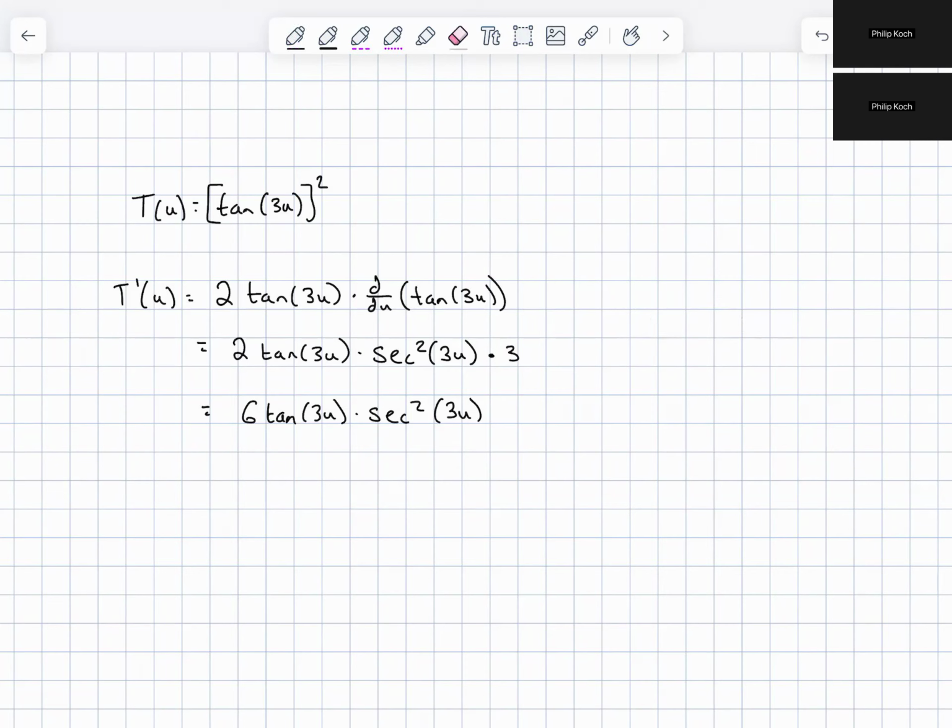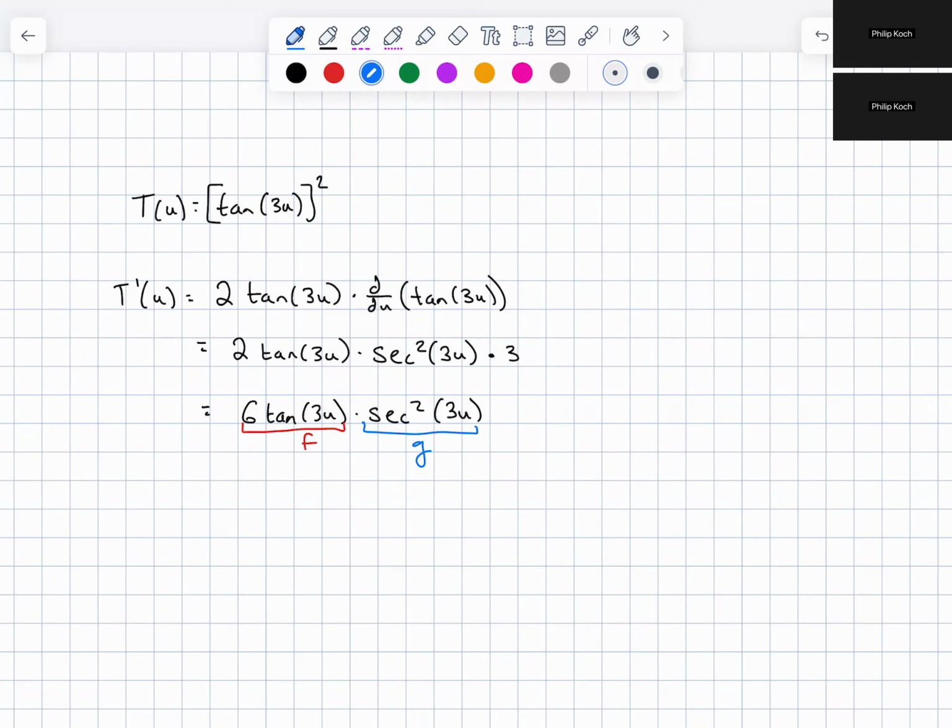But I'm going to go straight to chain rules. So I'm going to treat this as my f, and this is my g. Remember, I'm trying to find the second derivative, d squared t over du squared, and we already have the first derivative at that point.